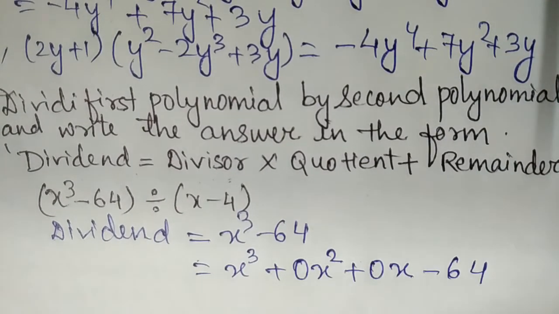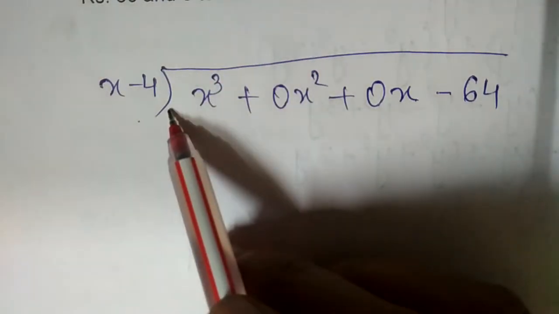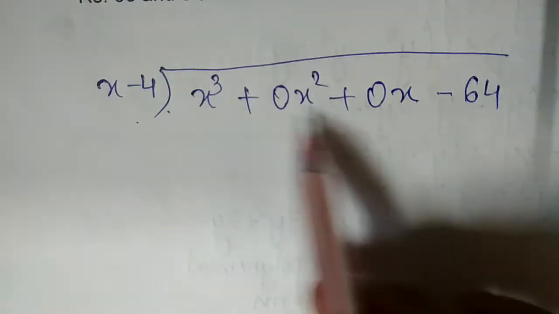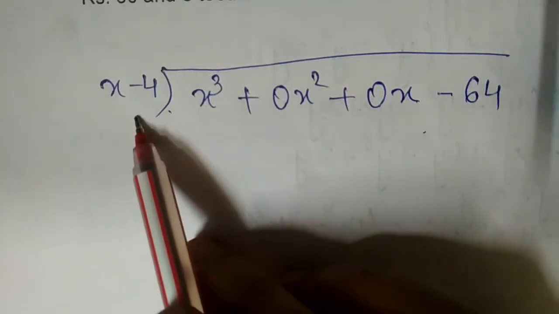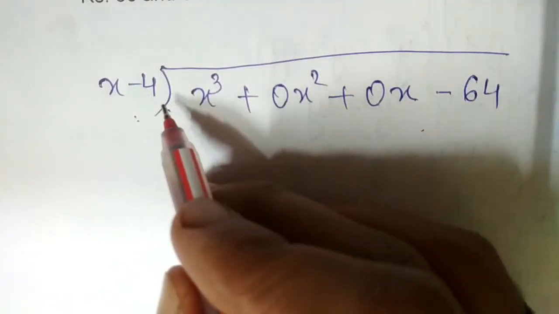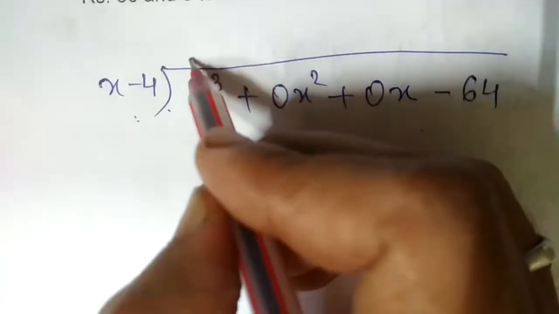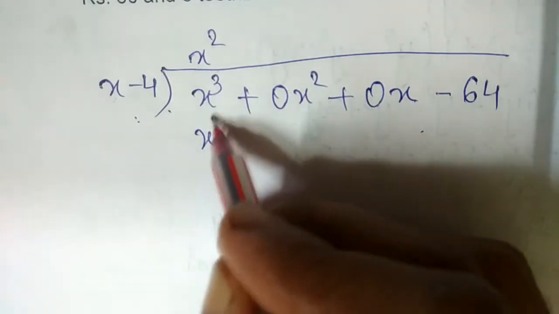Now we will start the division. The divisor is x minus 4, then the division sign, and write the dividend. So we have written the dividend here and the divisor over here. Let's start the division. Here x minus 4, that means x will be multiplied with this, so x square. x square multiplied with x, we get x cube.